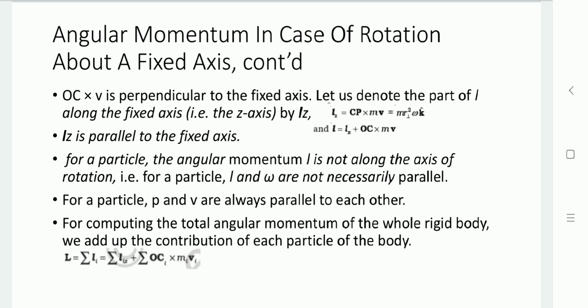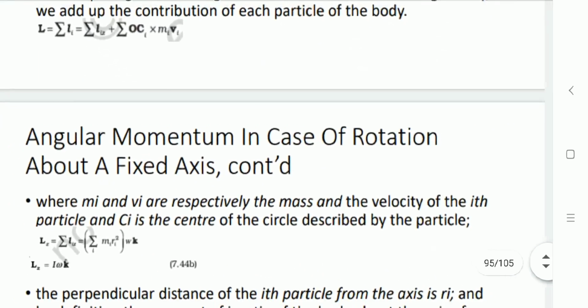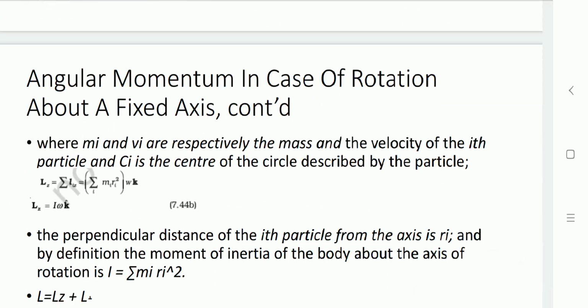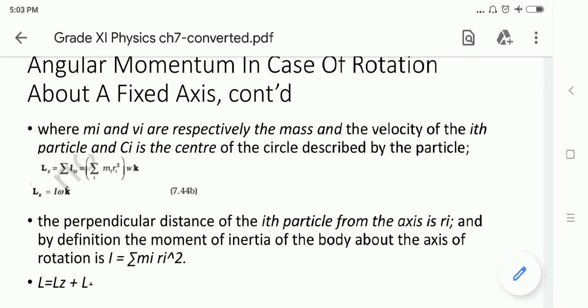Lz gives you the summation of L_iz, that is equal to the summation of m_i r_i squared omega k. So Lz equals I omega k, where r_i is the perpendicular distance of the ith particle, and the moment of inertia I equals the summation of m_i r_i squared. So L equals Lz plus the perpendicular component of L.